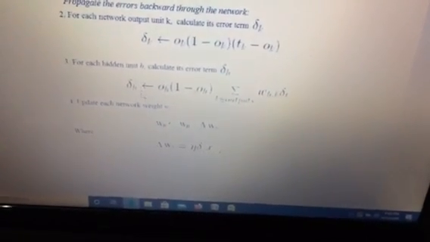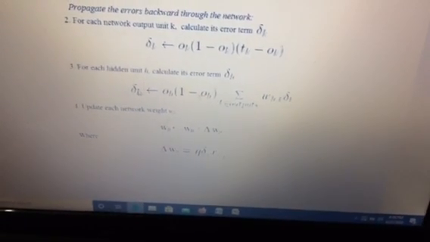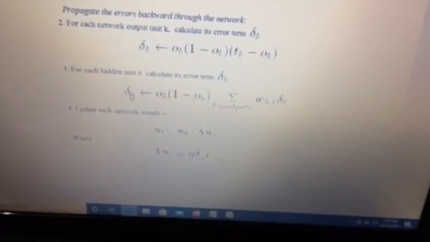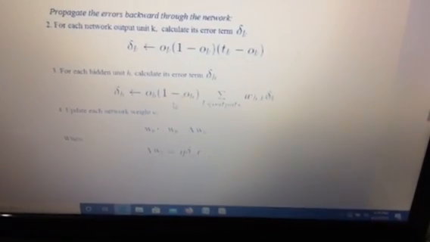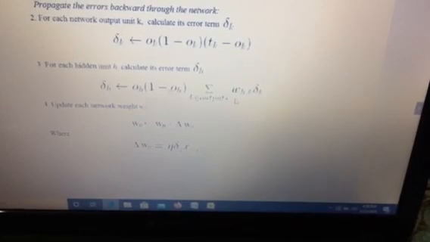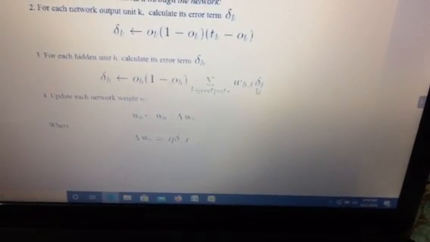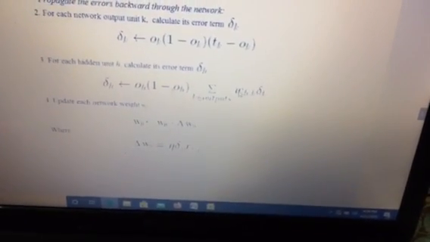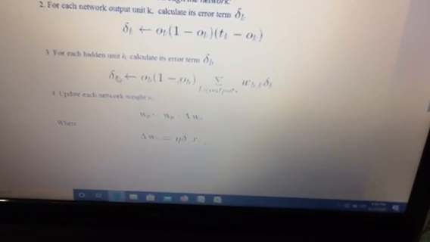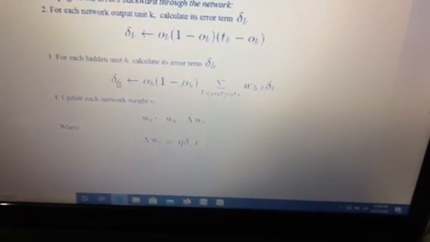In the hidden layer, delta k and delta h are known as backpropagation constants. The backpropagation constant value is o_h into 1 minus o_h, summation of w into delta. That is the output backpropagation, multiplied by a weight in order to get a new backpropagation constant value.